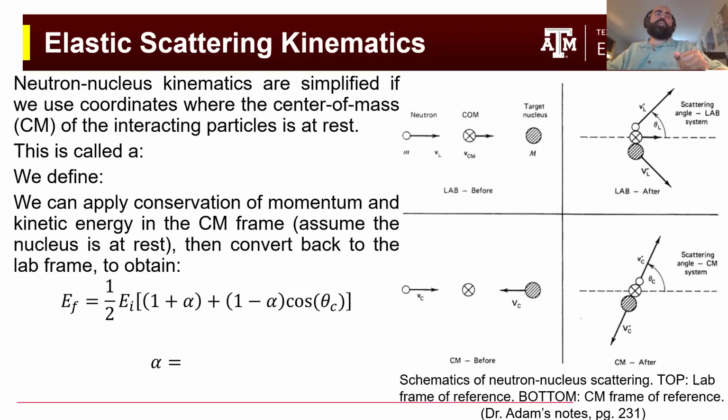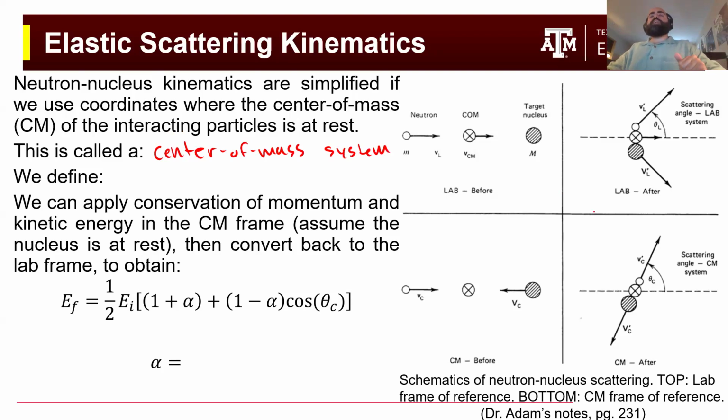That means that we set things up using coordinates where the center of mass of our system, of the interacting particles, is considered to be at rest. This is called a center of mass system.